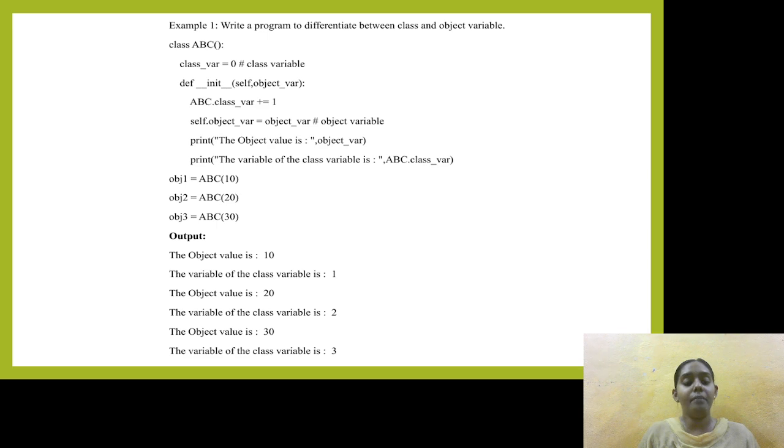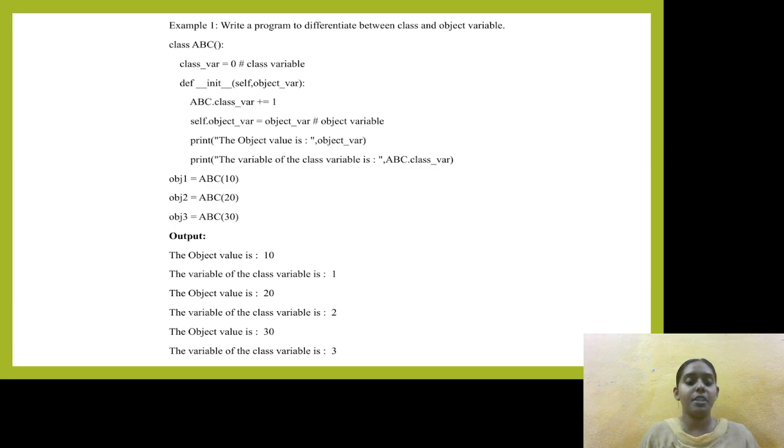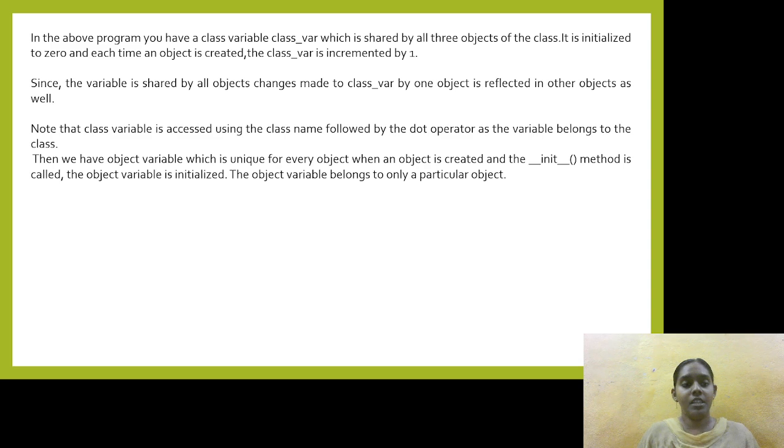That is, every time it is incrementing by 1: the first time the object value is 10, the increment is 1, and object value is 20, the increment is 2, and object value is 30, the increment is 3. Since the variable is shared by all objects, changes made to class_var by one object are reflected in other objects as well.